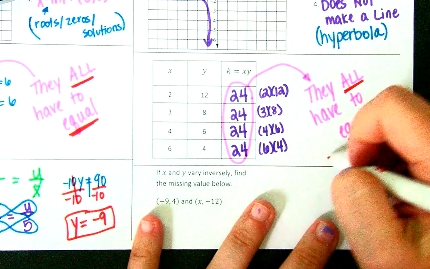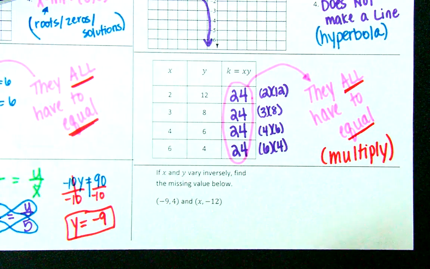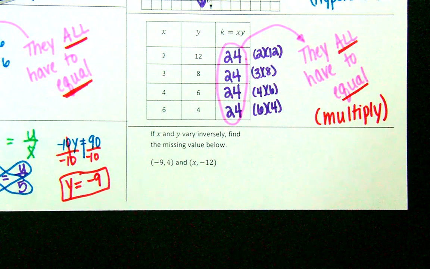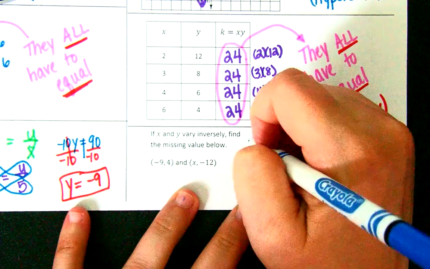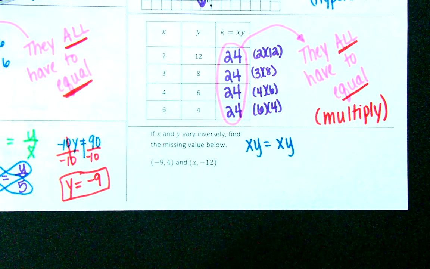Remember, inverse is multiply. And then the last example is, if x and y vary inversely, find the missing value below. Well, remember from the front, our setup is x times y equals x times y. So now we plug it in.